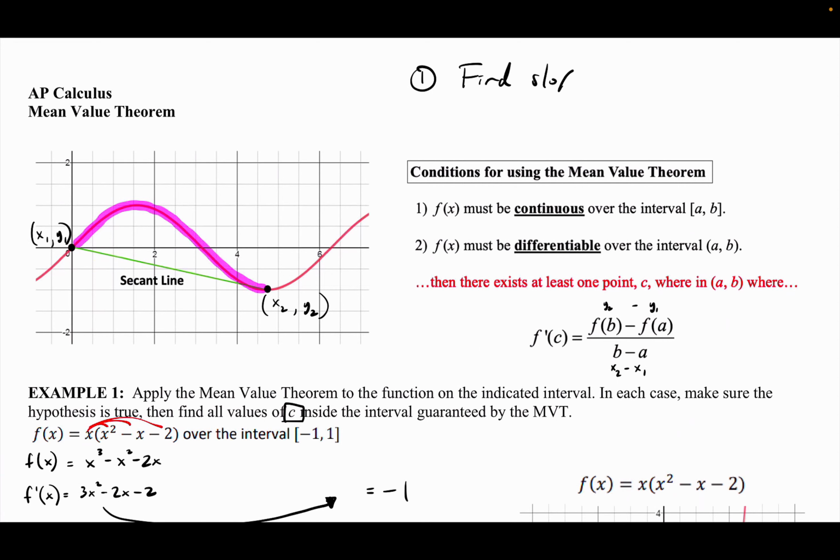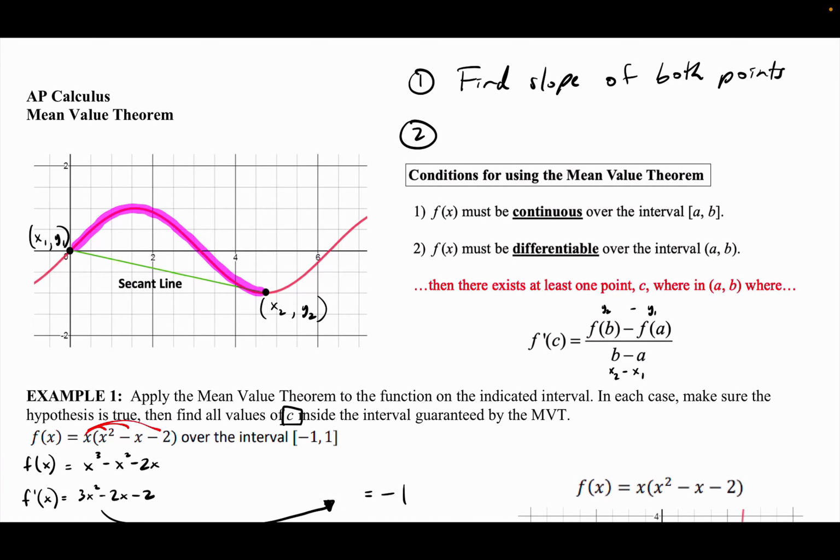Number 1, find the slope of the line, the segment that's created by both points, using x1, y1, x2, y2.